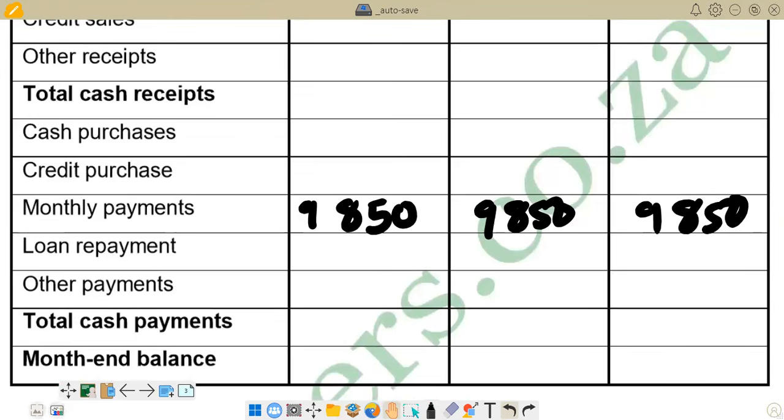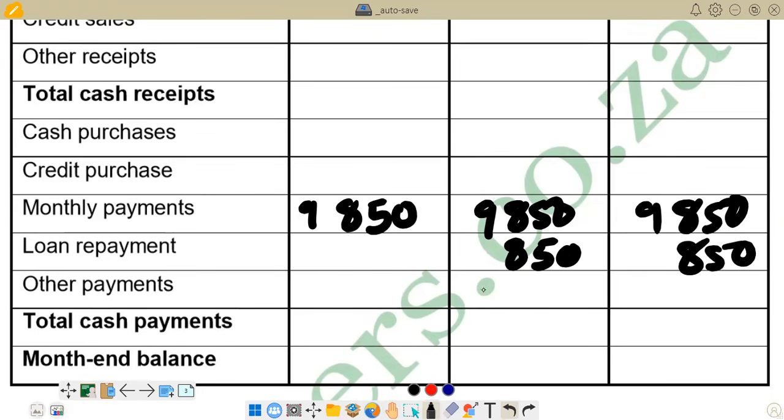We've got 850. So we are saying this first month there's nothing, but here we can put 850. And then here also 850. So this repayment will go on and on. But according to this question, we are only limited to these 3 months that we are given there.